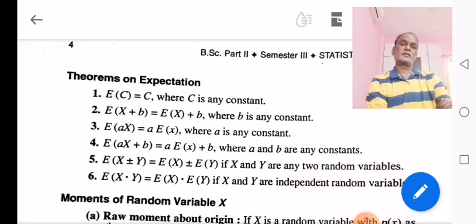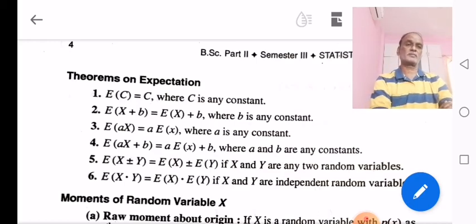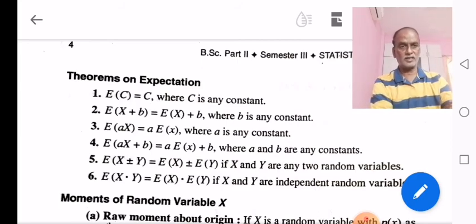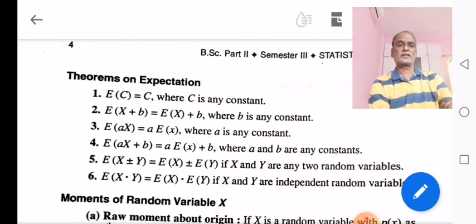Now the fifth property is the expectation of addition of two random variables: E of X plus Y is equal to E of X plus E of Y, or if it is minus, then expected value of X minus expected value of Y, if X and Y are any two random variables. And the sixth property is of independence.